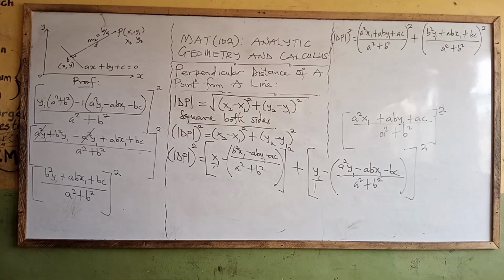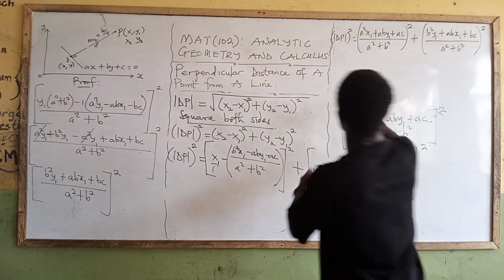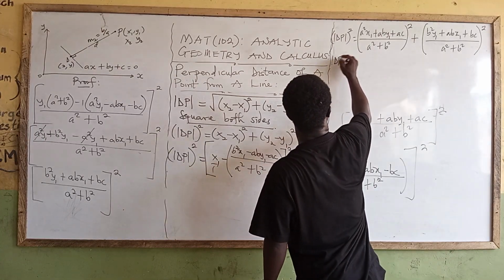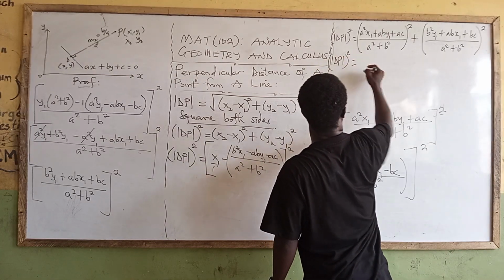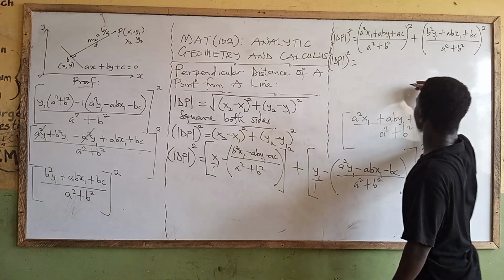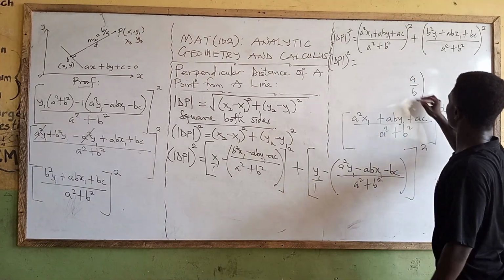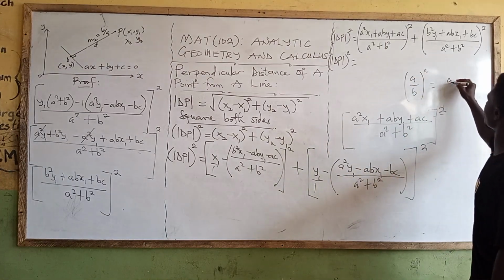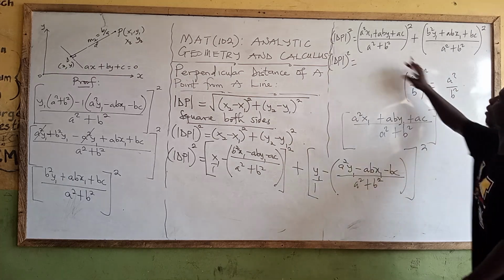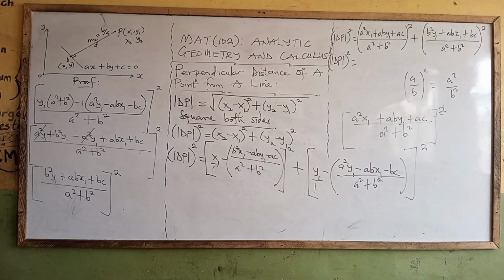So let's proceed. All right. So now we have the length of DP all squared, which can also be written as, don't forget this square, A over PB all squared. It can be written as A squared over B squared. So we apply the same property here, right?